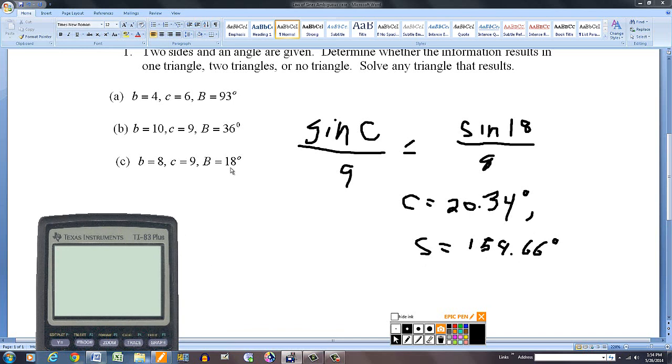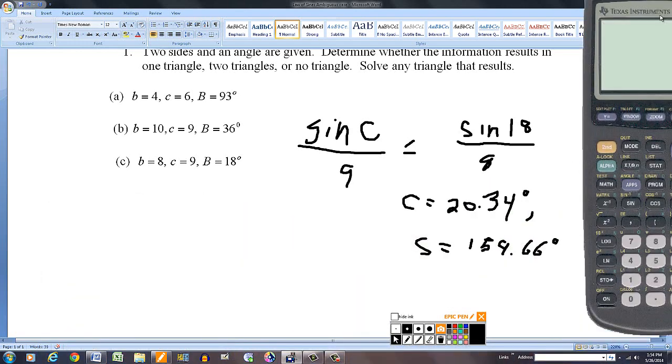If that value is less than 180, then you have two triangles possible. If that value, when you add it up, is greater than or equal to 180, then you have one triangle possible. In this case, if you take 159.66 and add the 18 degrees, you will get a value a little less than 180. So there are two triangles possible.